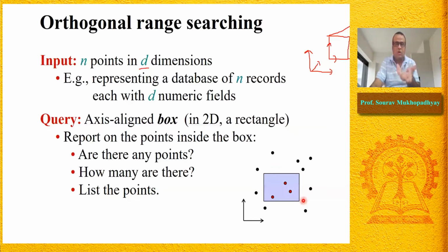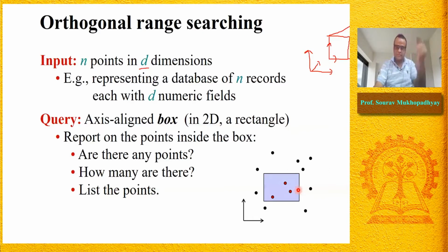Now how to get all the points in this? Any idea? Any quick suggestion? What is the naive approach? We have n points. We have been given a box, a range, and we want to know what are the points in this range. How to do it?